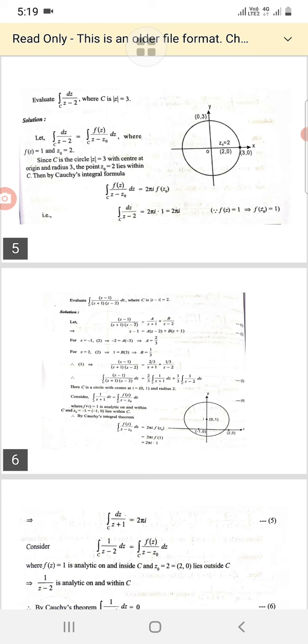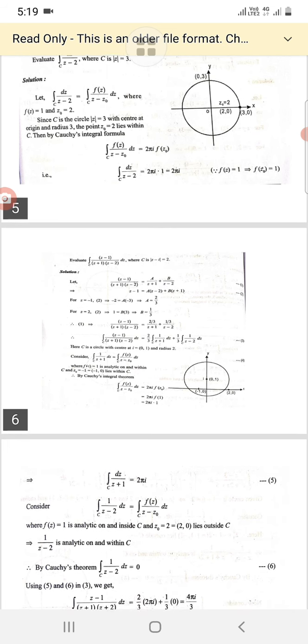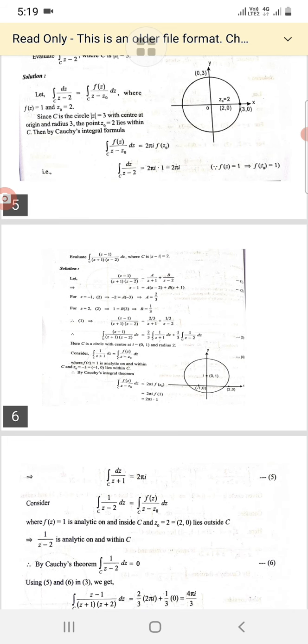Integral over C of dz divided by z minus 2, where C is modulus of z equal to 3. Let the integral of dz divided by z minus 2 be equal to the integral over C of f of z divided by z minus z naught, dz, where f of z is equal to 1 and z naught is equal to 2.